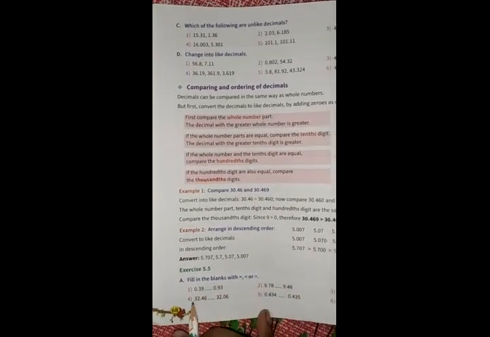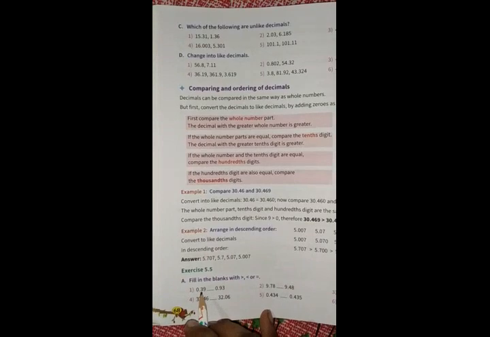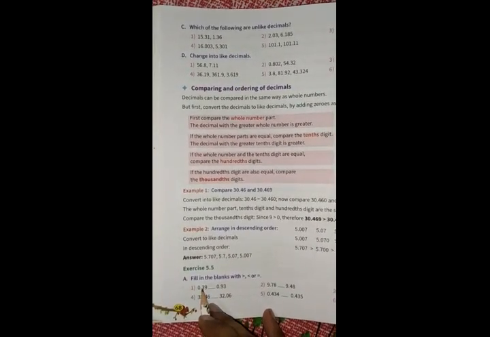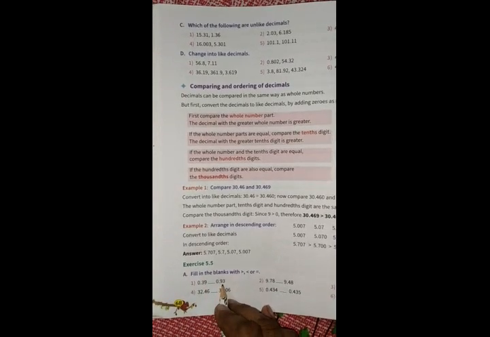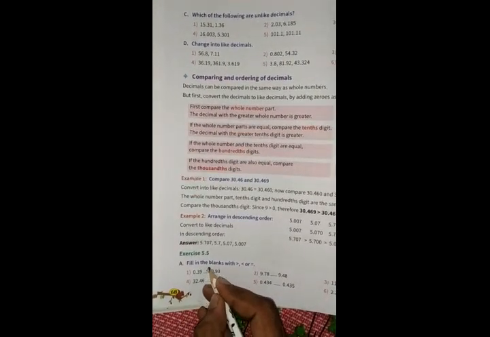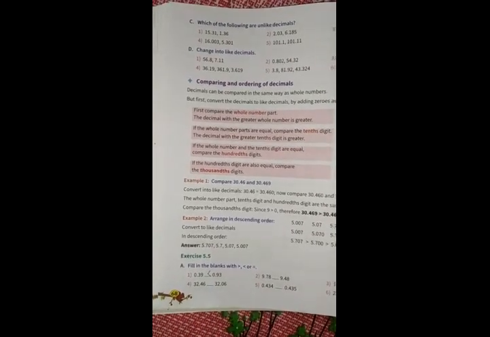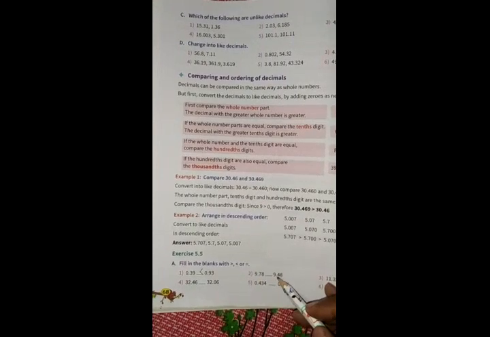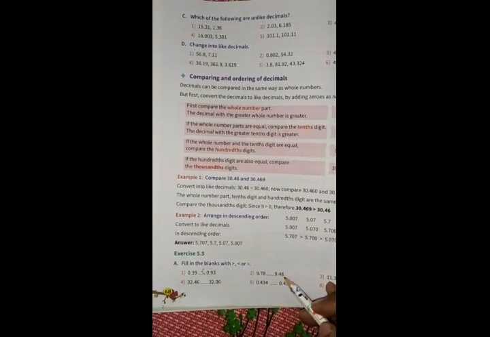Now check the digit after the decimal. The first digit after the decimal means the tenths place digit. Here 3 and here 9. Which one is greater? 9. So we will mark 0.93 greater.